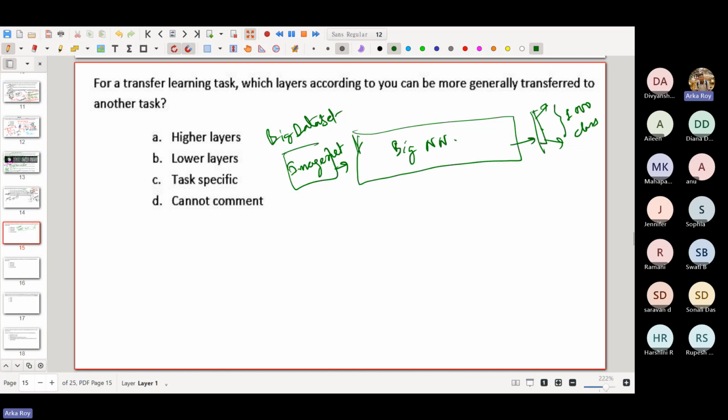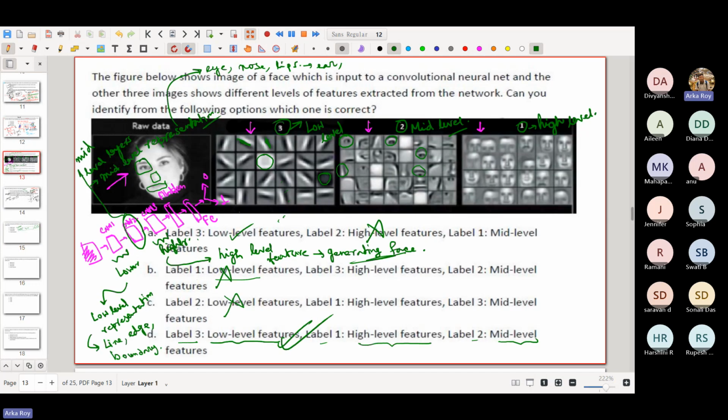In the previous slide, we have seen that the higher convolutional layers basically learn the high level representation.